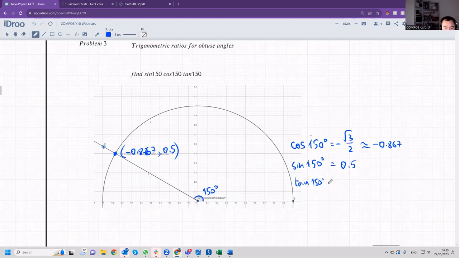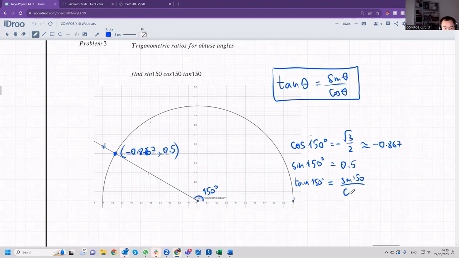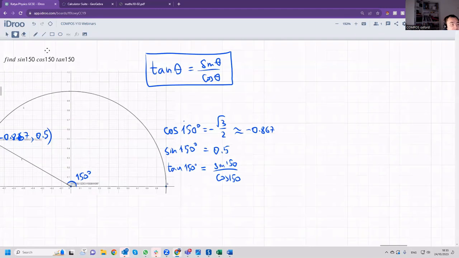Well, with tan, it's interesting because we know that tangent is equal to sine theta divided by cos theta. You can use this. So tangent 150 is going to be sine 150 divided by cosine 150. And we know that sine 150 is 0.5, and cosine 150 is minus square root of 3 over 2.